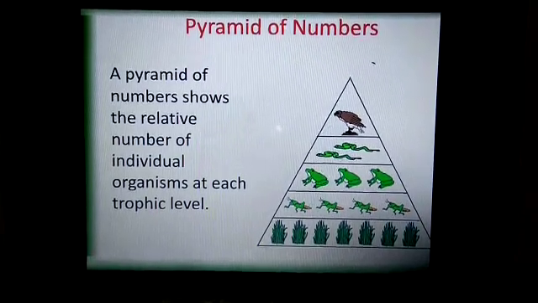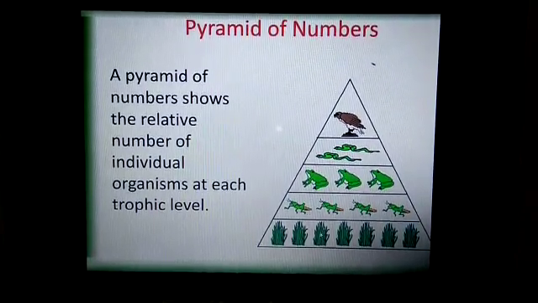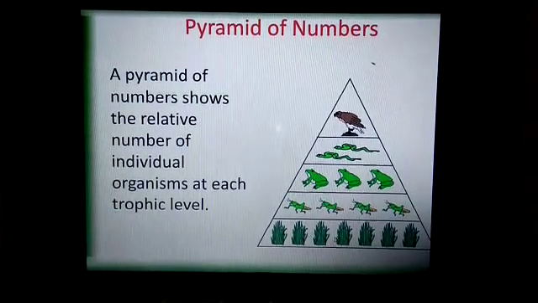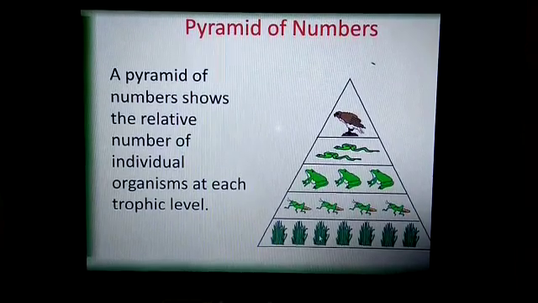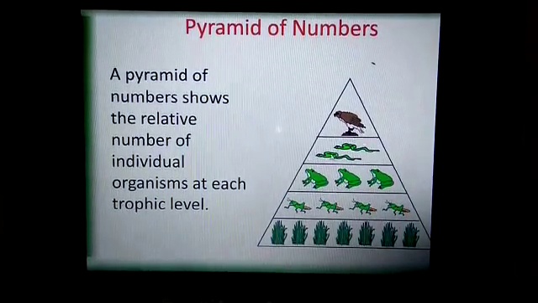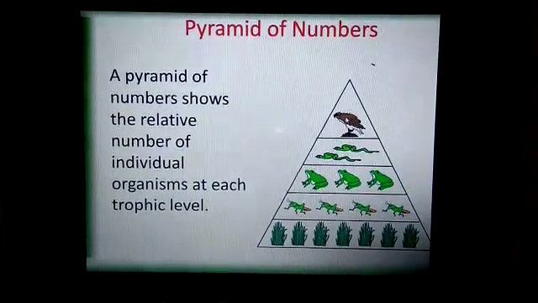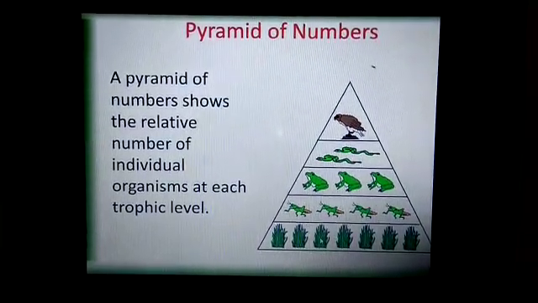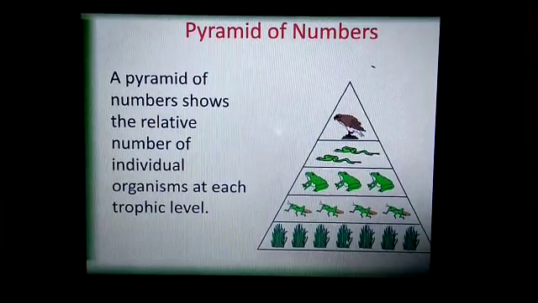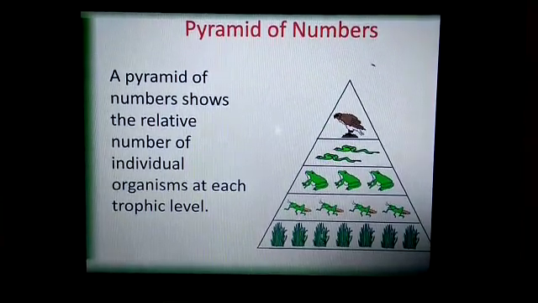As you can see here, we are talking about the number of organisms at each trophic level. This is the first trophic level, then second, third, fourth and top level. As you can see, the number of organisms at each level varies and it is in decreasing order.